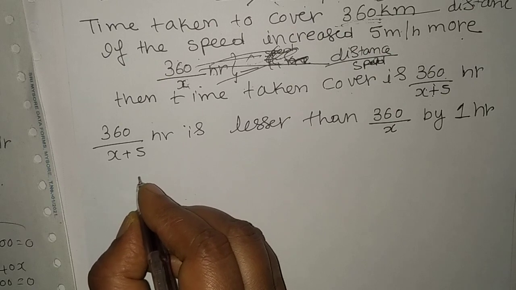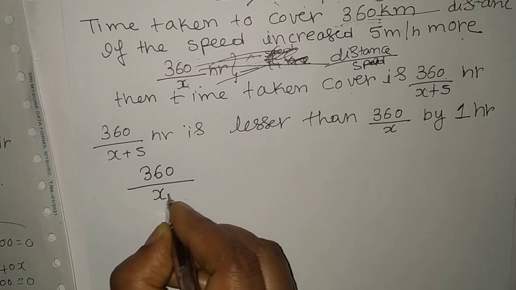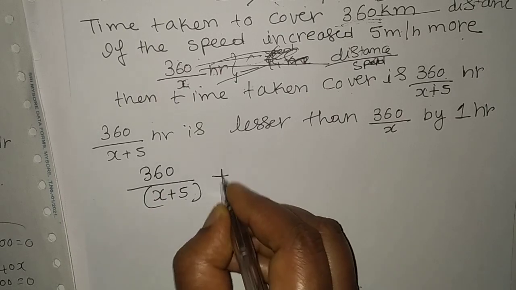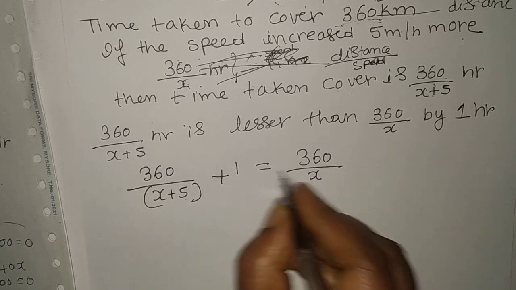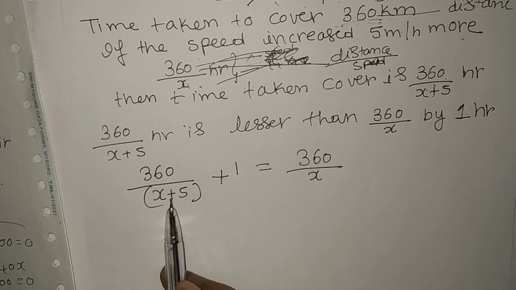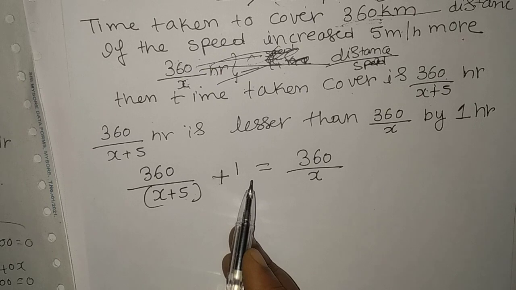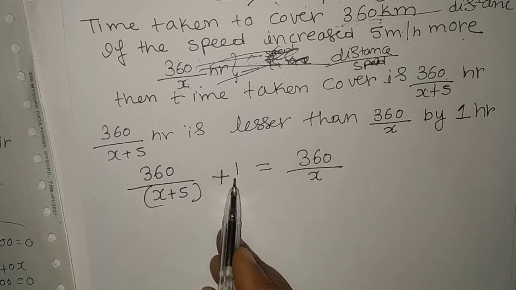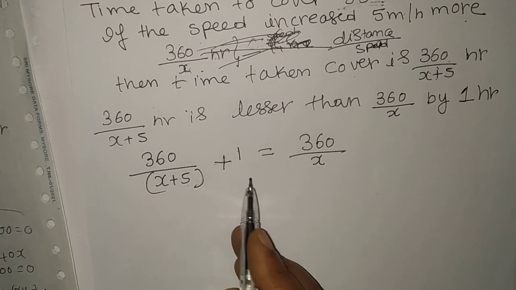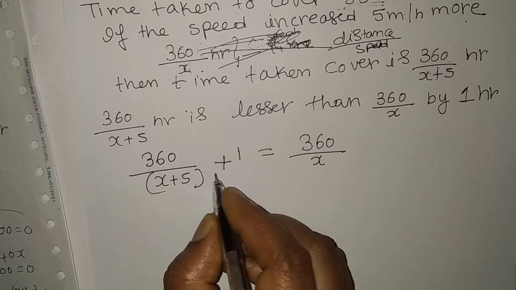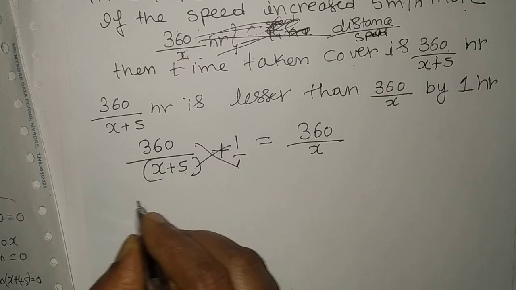So now next, 360 by x plus 5, plus 1, is equal to 360 by x. This plus this is equal to this one. First we will try to cross multiply here. Assume 1, then cross multiply this part.